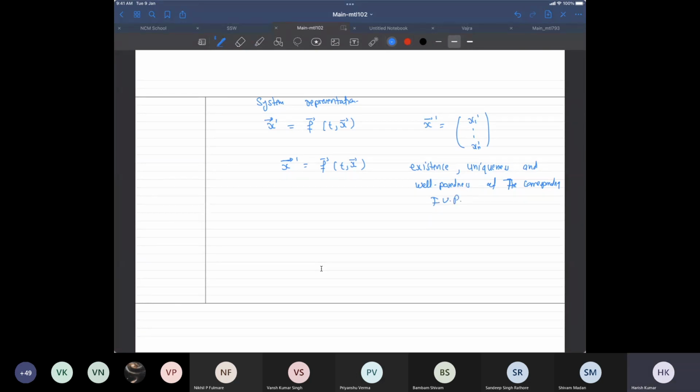What will be the corresponding initial value problem? That means the vector x at some t naught is given as a fixed vector. Let's call it A. More precisely, x1 at t naught is equal to A1, x2 at t naught is equal to A2, and so on and so forth. So xn at t naught is equal to An.